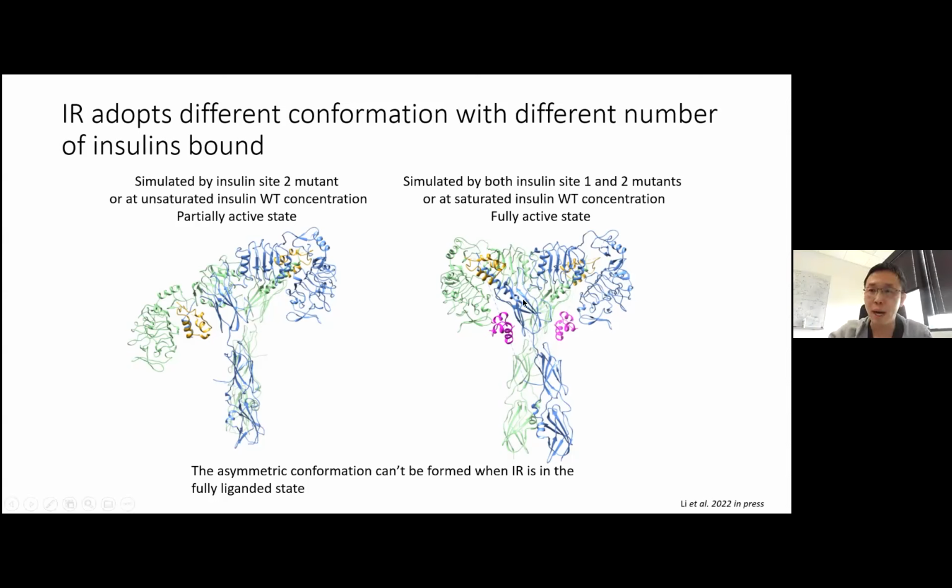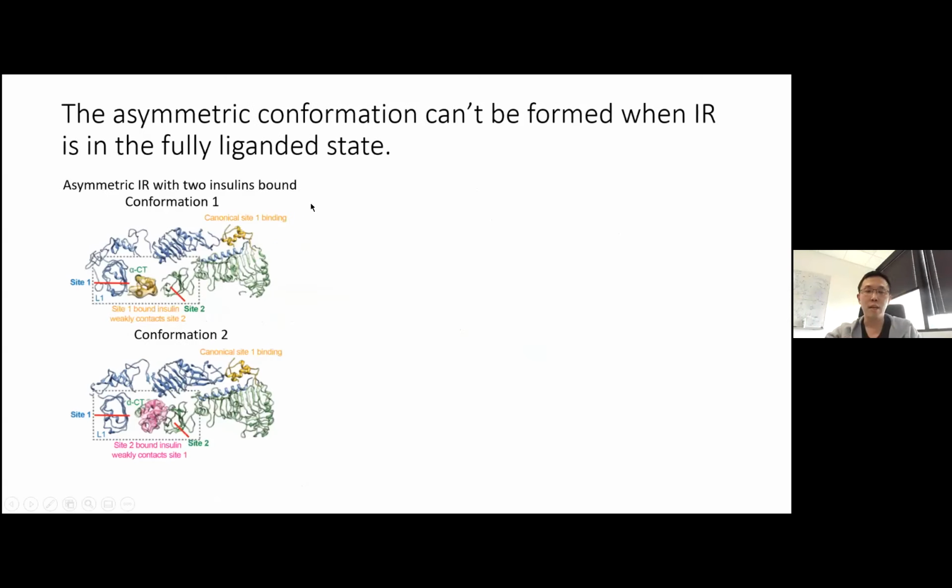I will show you why, when the receptor is occupied by full insulin, it cannot form the asymmetric conformation. So again, I go back to this asymmetric conformation where there are two alternative insulin bindings. The site 1 bound insulin can also weakly contact site 2, and the site 2 bound insulin can weakly contact site 1.